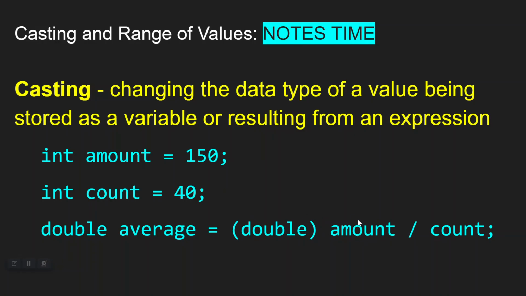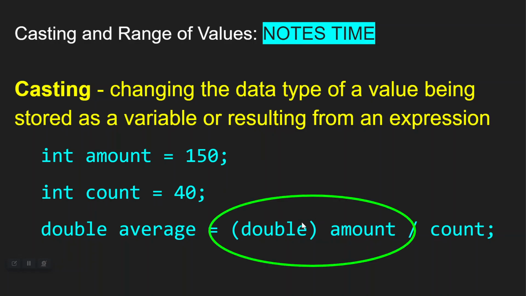And what that would do is, according to our order of operations, we need to resolve the parentheses first before we do our division. So amount gets cast to a double. So amount would now be 150.0, and then it would do the division. And of course, a double divided by an integer is going to give you a double. So when it calculates the average, we're not going to lose any of that value. So that's one way that you can perform casting.